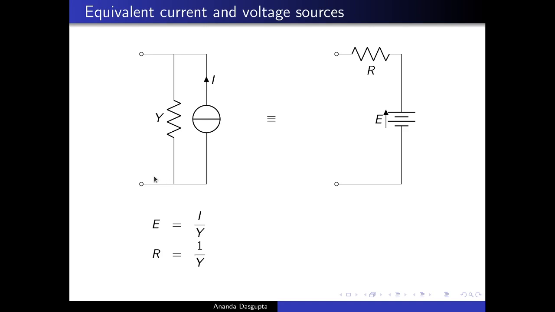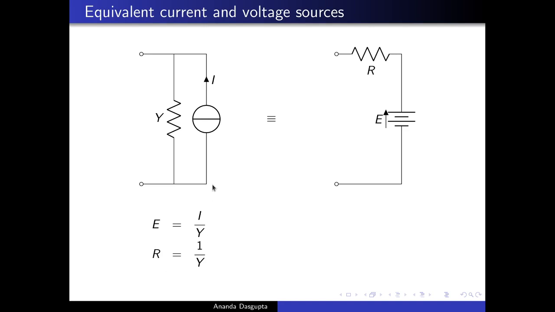After all, if you were to put a short here, the entire current I will flow through the short. So I_SC, the short circuit current, is just I, and you can directly divide E_OC, the open circuit voltage I by Y, by the short circuit current I to get the resistance, which is 1 by Y.